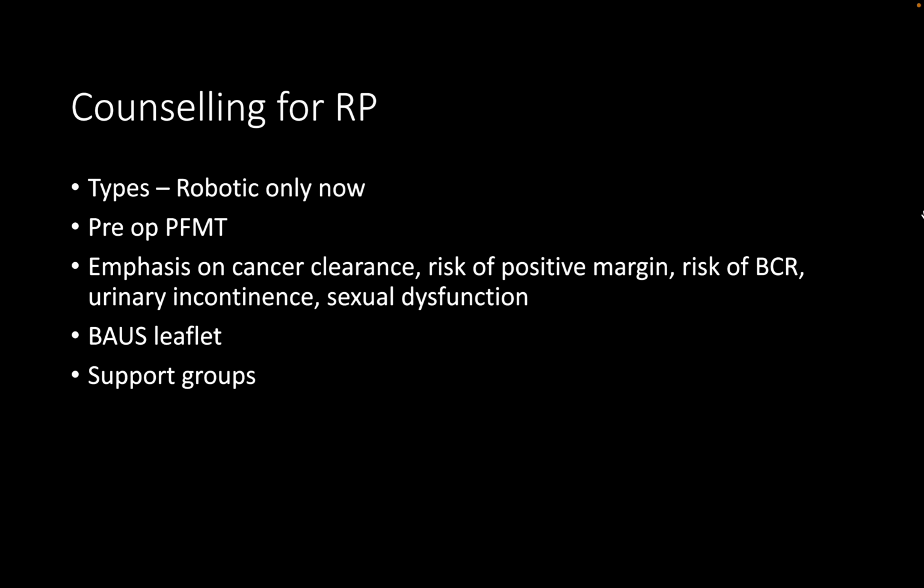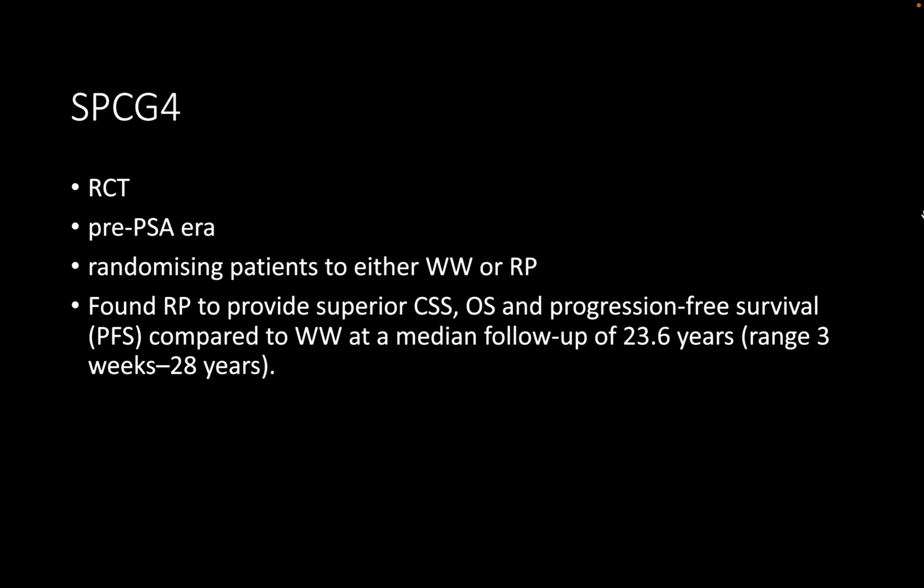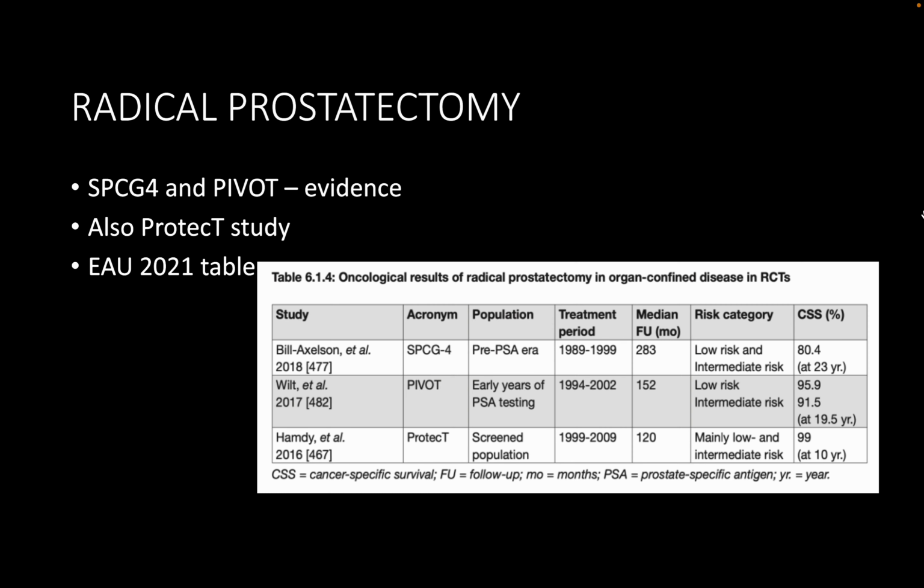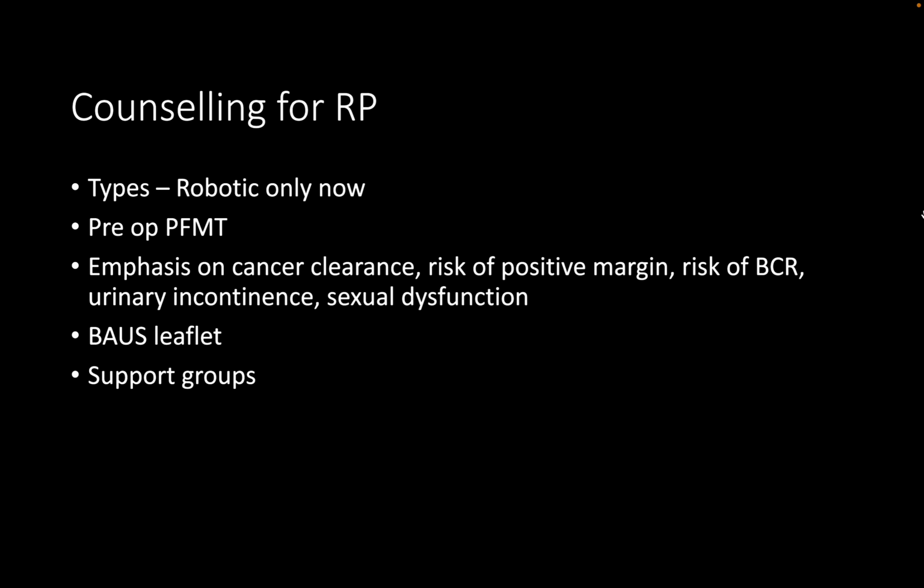What they did find was on subgroup analysis, specifically the intermediate risk cancer group did show a benefit in the active treatment arm. So it would advocate treatment in that group. And then lastly, there's the PROTECT trial, which, as I say, didn't show any difference in overall survival, but did show a difference in terms of metastasis-free survival in the active treatment arm.